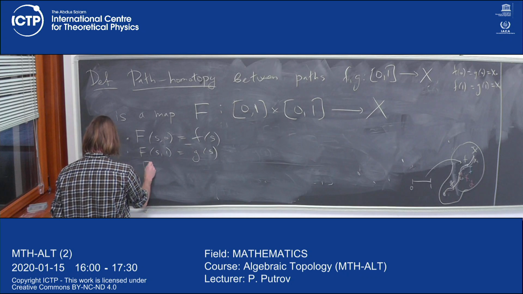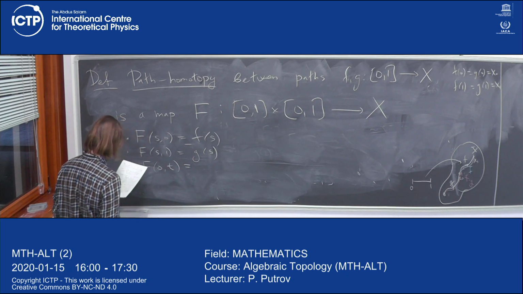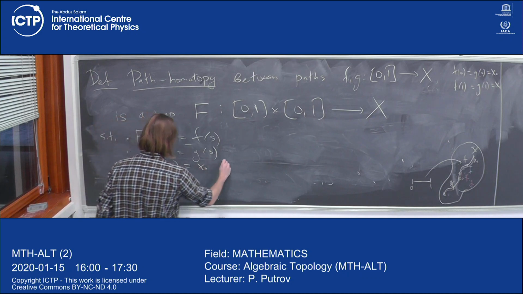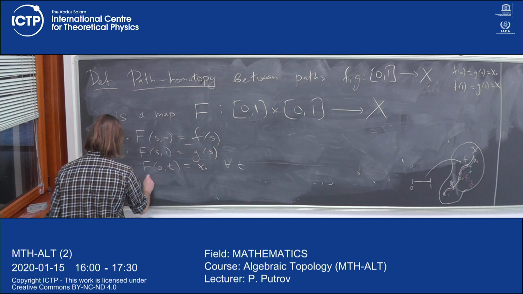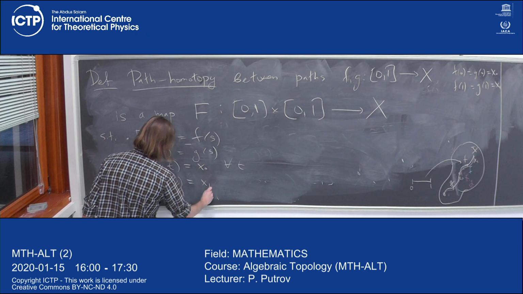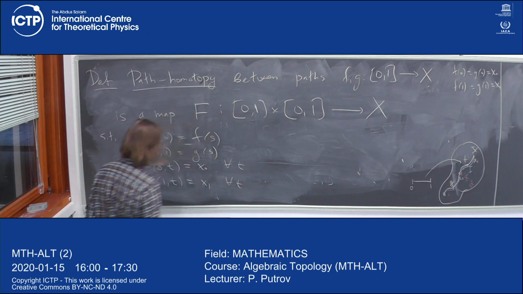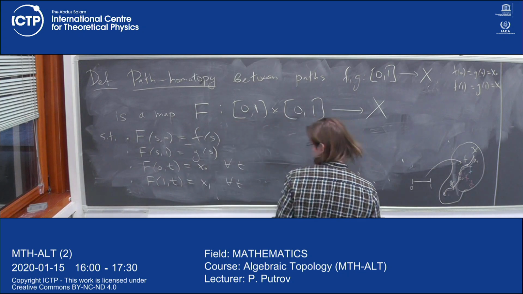So we want the condition that F of 0, t is x0 for any t, and F of 1, t is the same as x1. So how can we understand this?